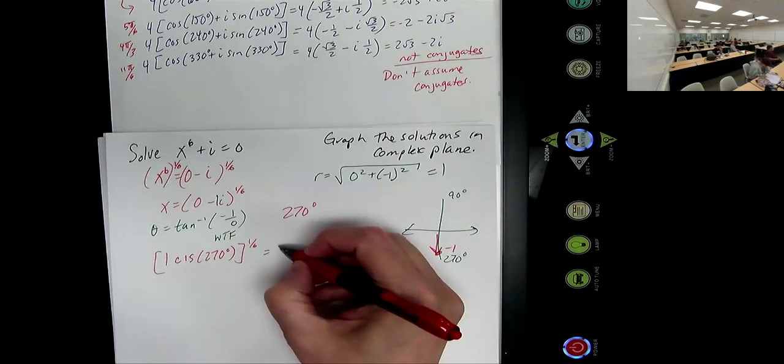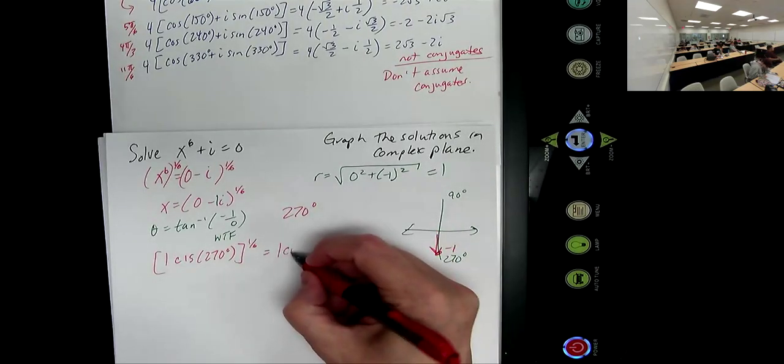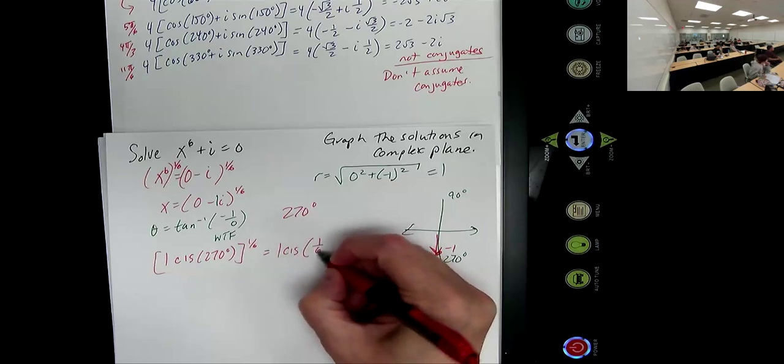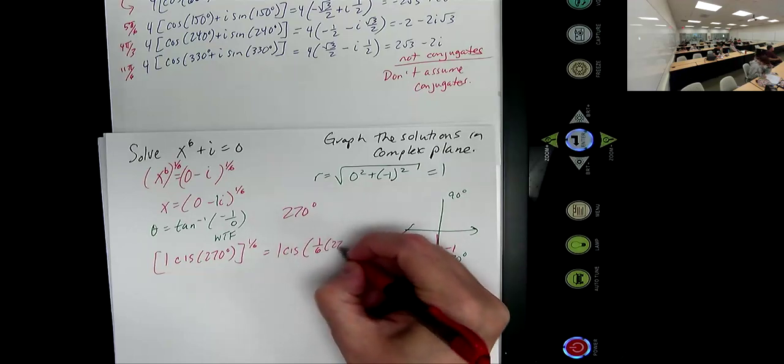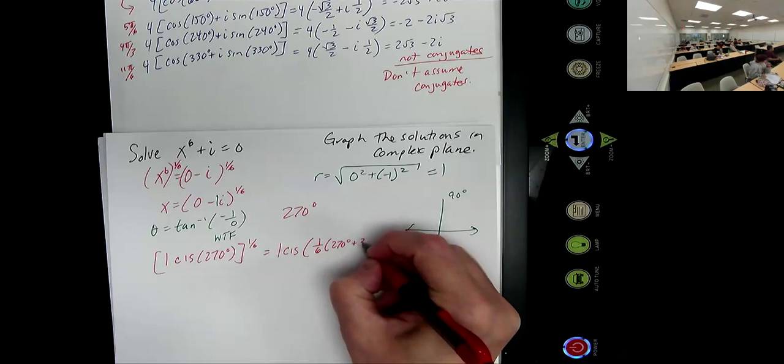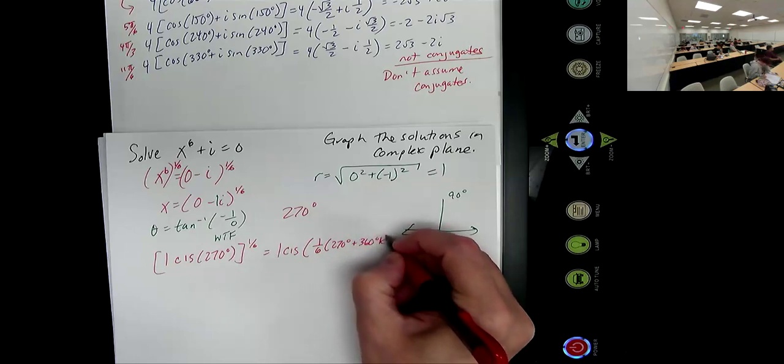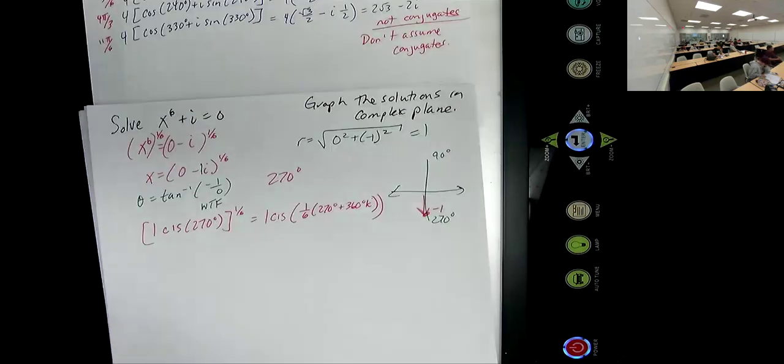So it's still just 1, but then we've got cis 1/6 times 270 plus 360k. It's 270 divided by 6.